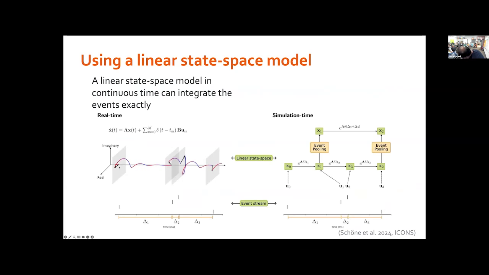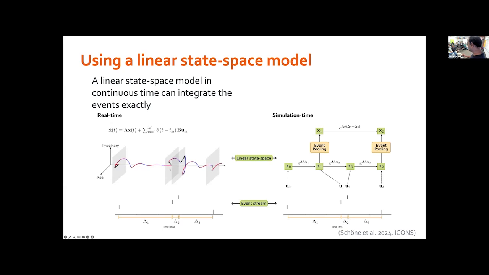Maybe it's useful to look at this. Each of these gray squares is the time when the input is coming in. You have the state of the state space model, and whenever an event comes in, you update it. Because it's linear, you don't have to calculate the state in between.